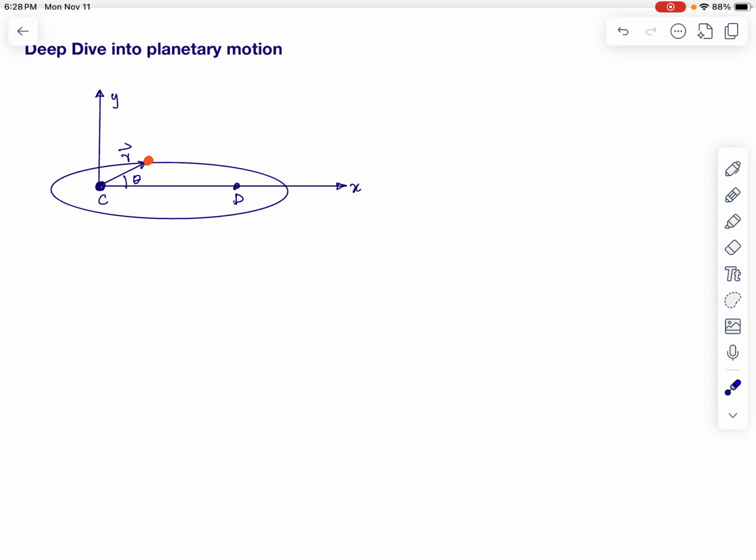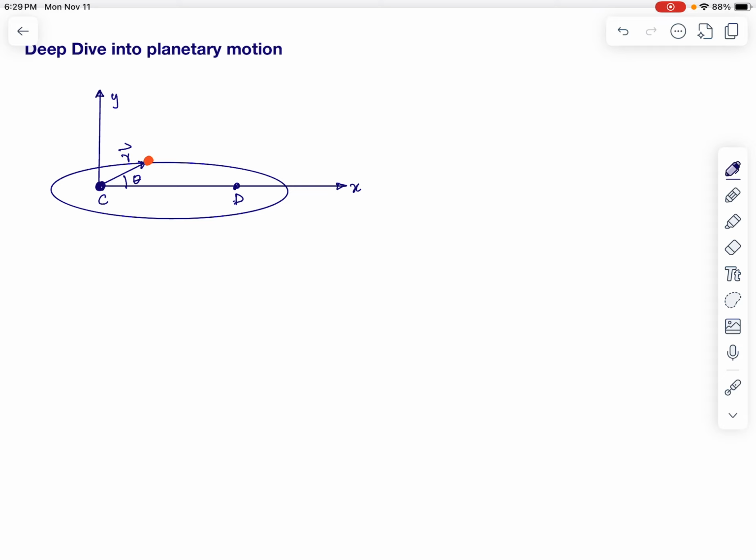Elliptical orbits can be thought of as more general cases of circular orbits. When the ellipses become more and more regular shaped, they start looking more and more like a circle. Nevertheless, let's think of how we can look at this problem.